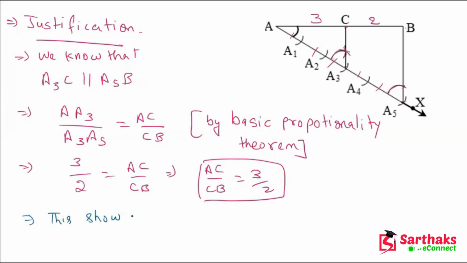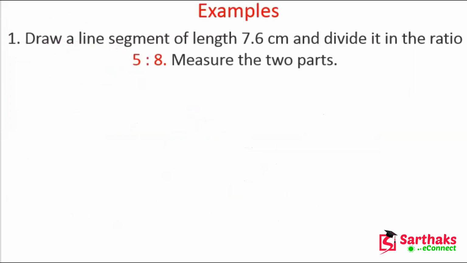This shows that C divides AB in the ratio 3:2. My dear friends, I hope you understand these things. Now let's do some examples.